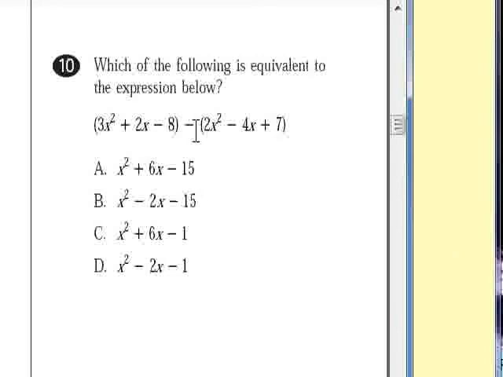What you have to notice here is you could just distribute this negative sign into everything inside this polynomial and make everything change signs, which means the 2x squared is going to become negative 2x squared. This is going to become positive 4x, and the plus 7 is going to become negative 7. So let's see how that works.